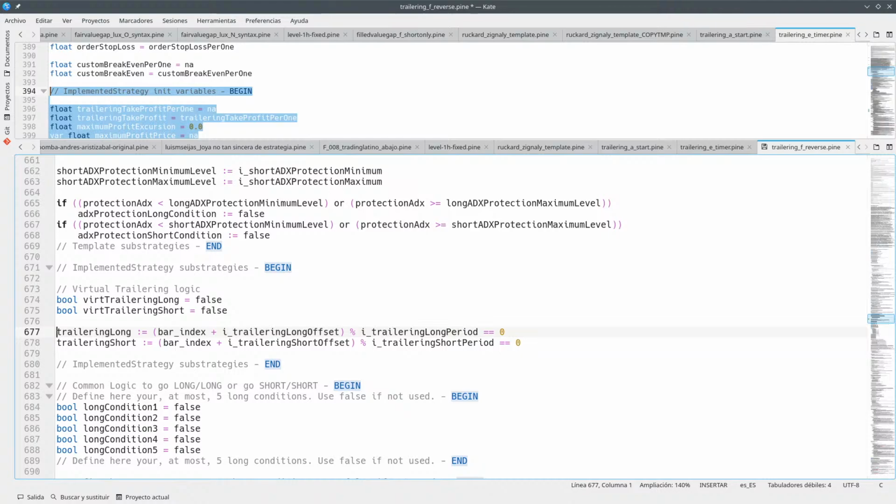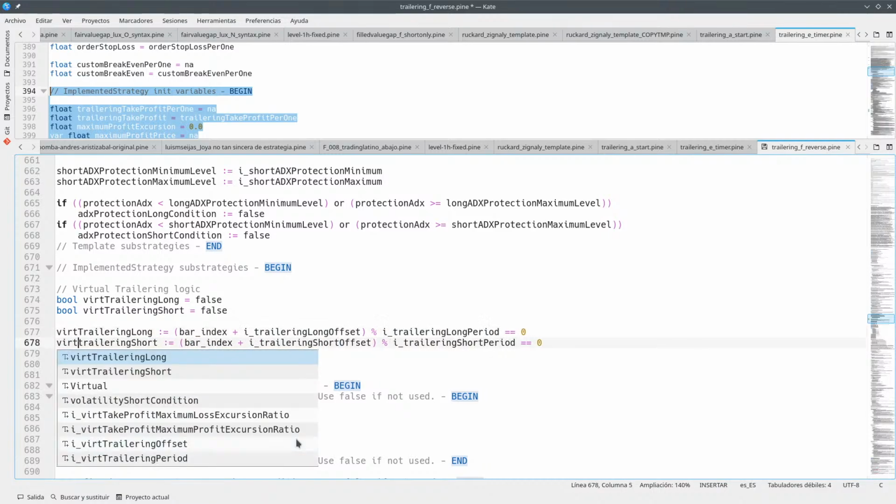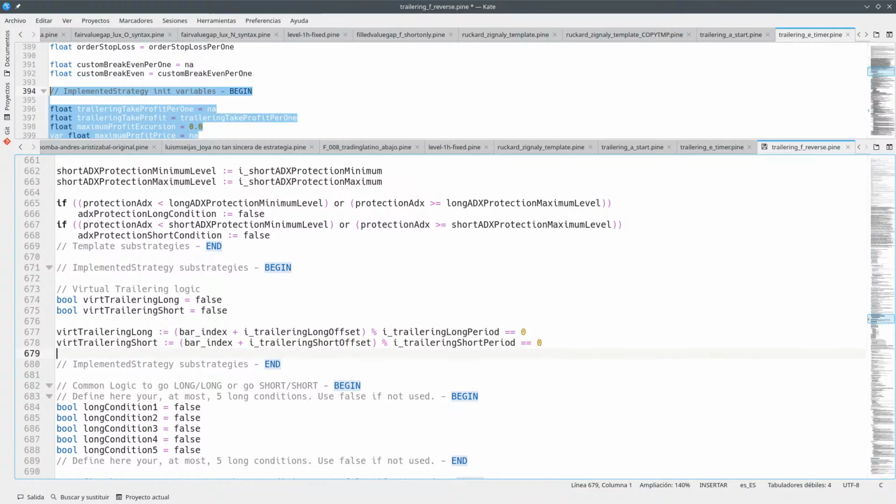So by default this is false, and then we just know if we are going long or short depending on this stuff here. Yeah, but I mean, bear trailing. Are we going into the both strategy or not?